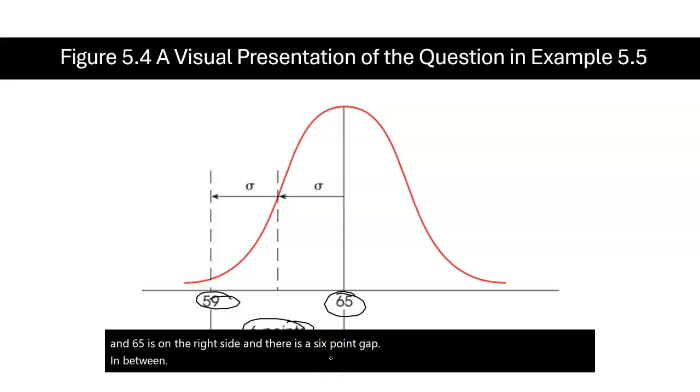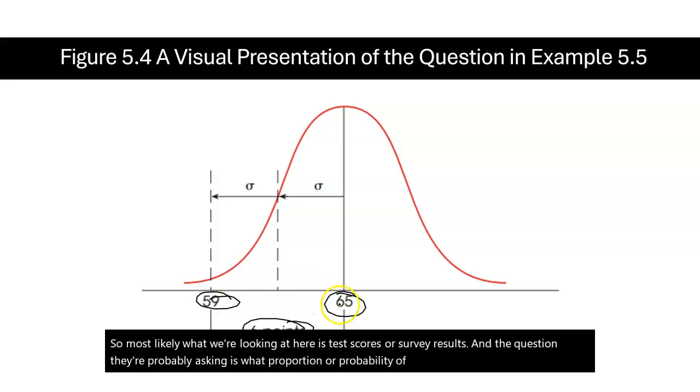So most likely what we're looking at here is test scores or survey results. And the question they're probably asking is what proportion or probability of the distribution falls between these 2 numbers.